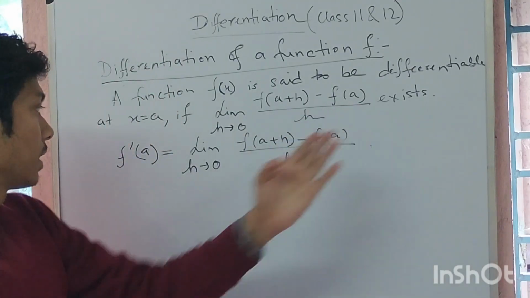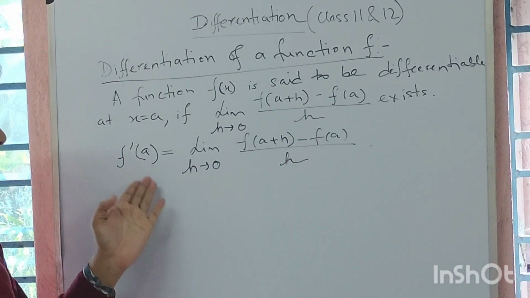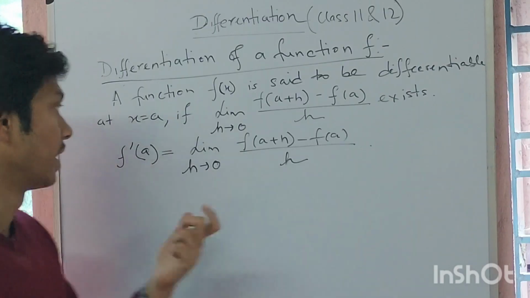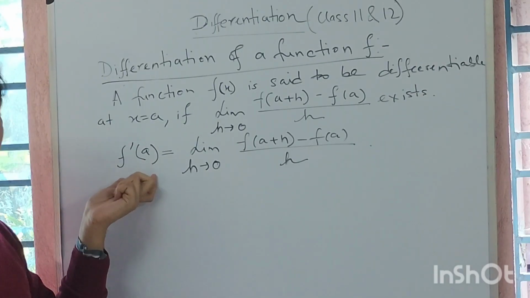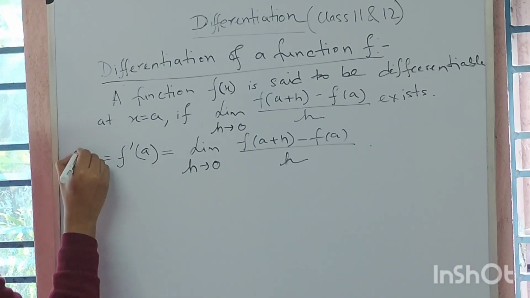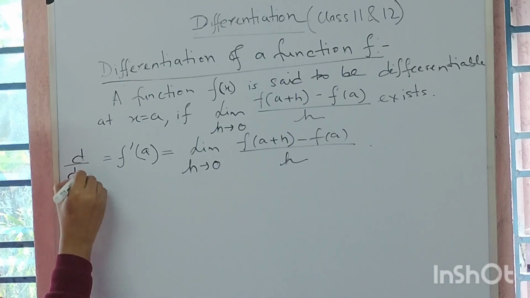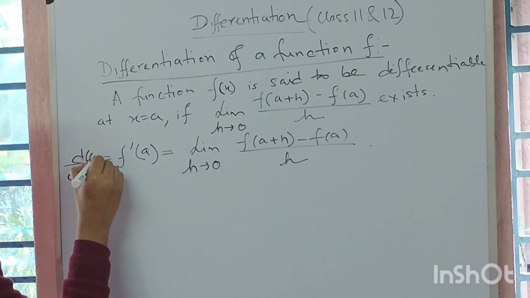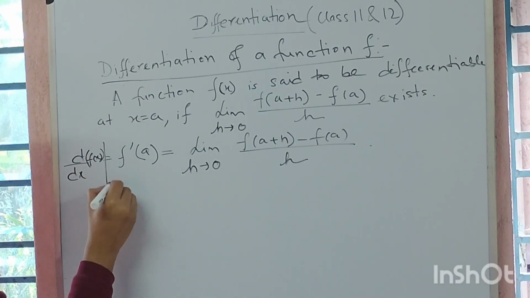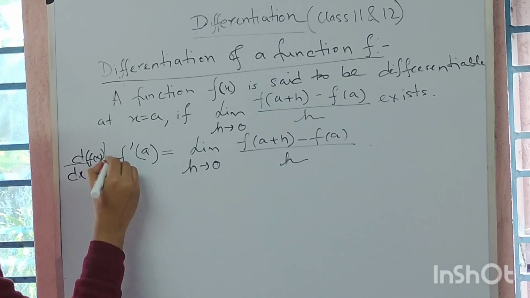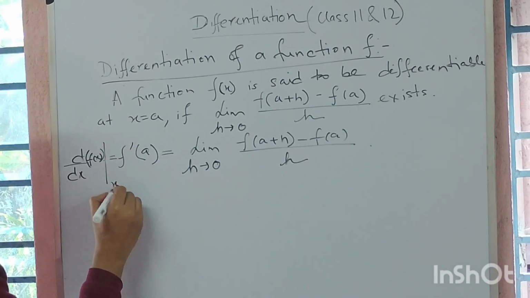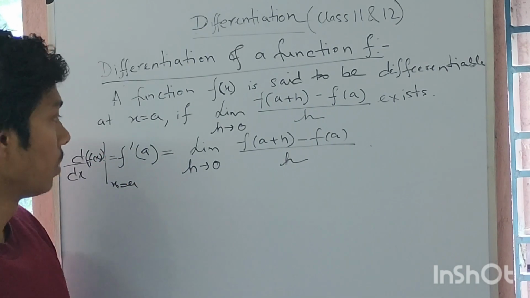If this exists, then the derivative at the point a is defined as this, and it is denoted by f dash a, or it can be written like d by dx of f(x) at the point x equals a.